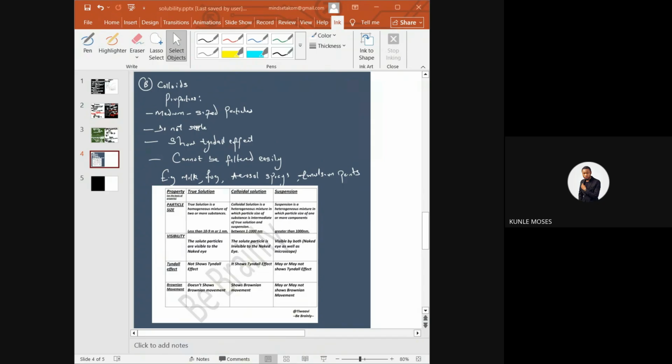This one is 1 to 1,000 nanometer. This one is less than 1 nanometer. So which one is very small? The true solution has a very small particle size.